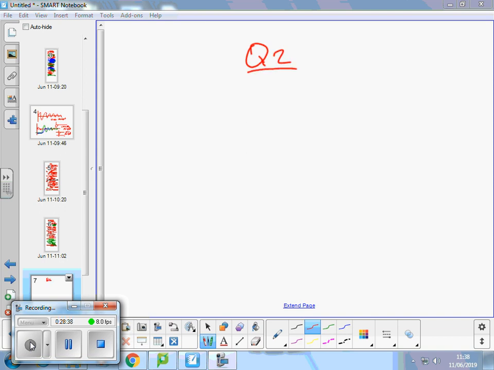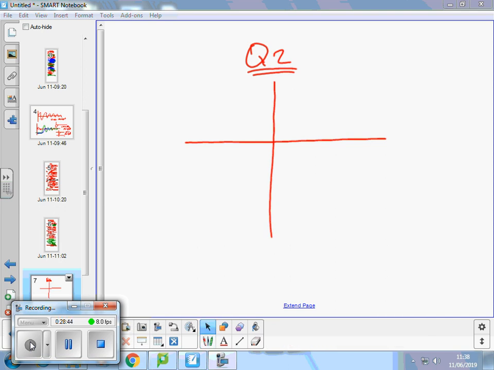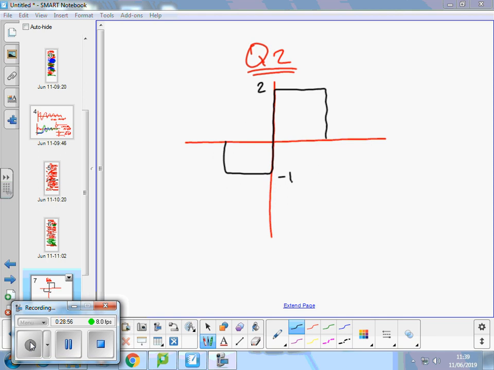Question 2. You've been given a diagram like so, with a square waveform like so, between -1 and 2, between minus pi and pi on the t line.